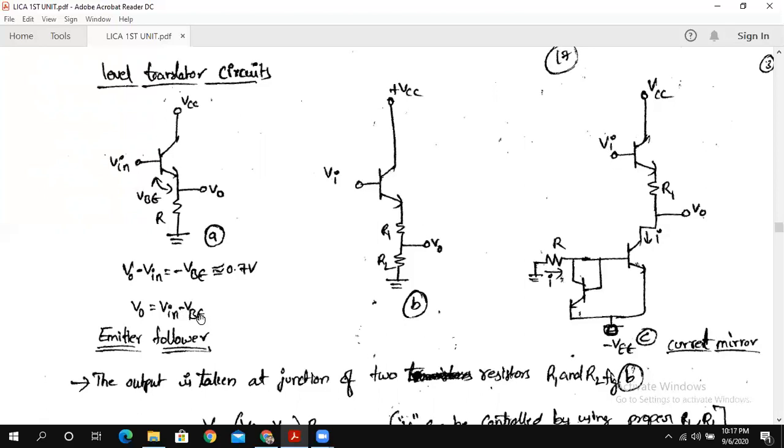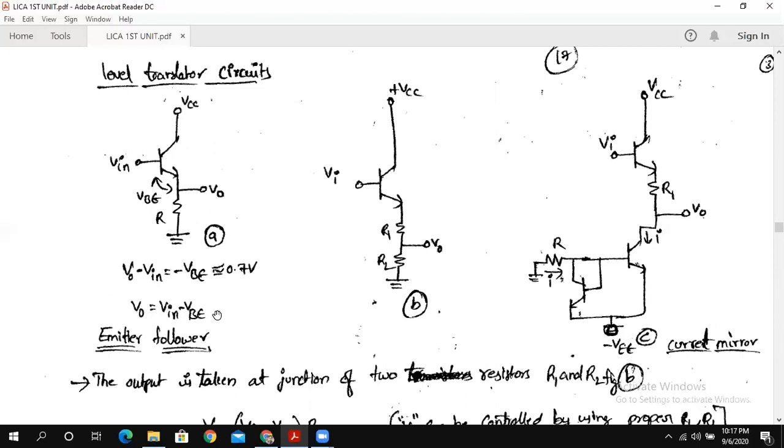So V naught is 4.3 volts. Like that, the level is going to be adjusted. Because of this VBE there will be a shift in the level, but for high values of voltage signals, there will be no distortion and no objection.